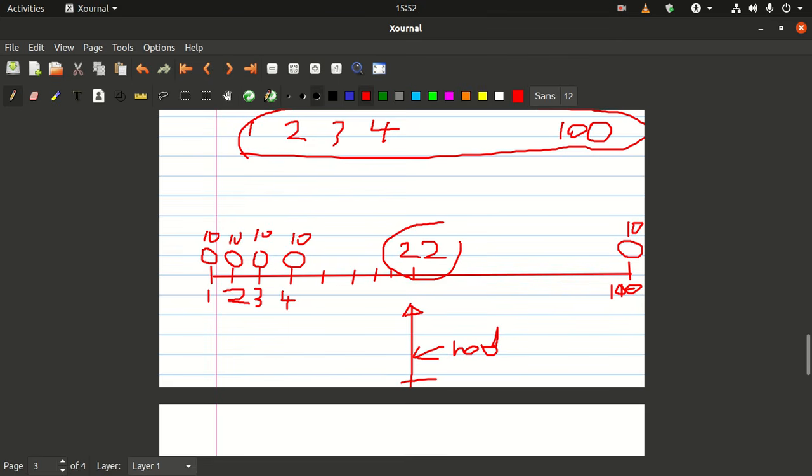When you look at 22, 22 is actually way far from these points 1, 2, 3. Why is that so? It's because this 100 is actually pulling this mean towards it, because this one value is so large compared to the other values. So it's actually pulling this center towards it.